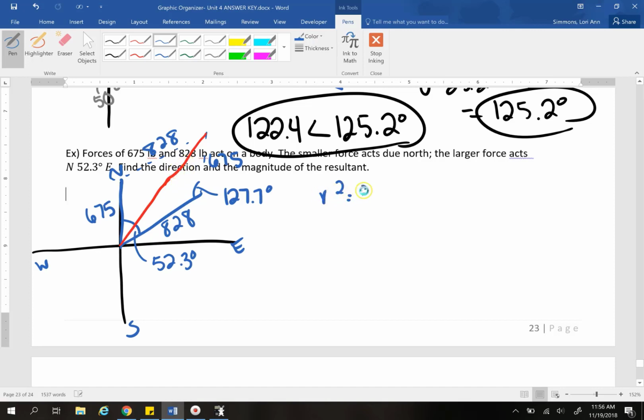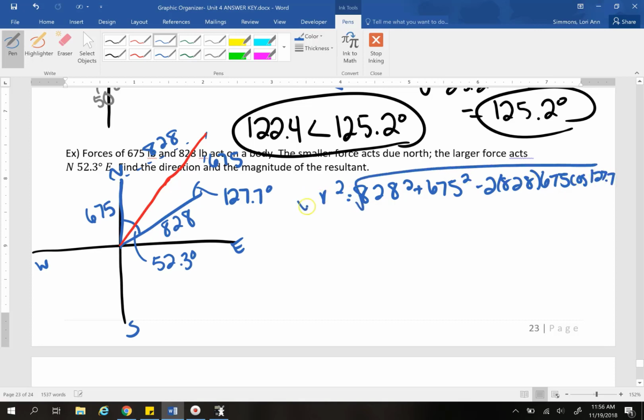So we have r squared equals 828 squared plus 675 squared minus 2 times 828 times 675 times the cosine of 127.7. Take the square root. So your r should equal, with 3 significant digits, 1,350 pounds. Now what we're looking for is from standard position to this red line, the magnitude.